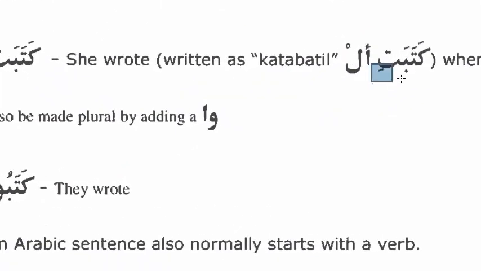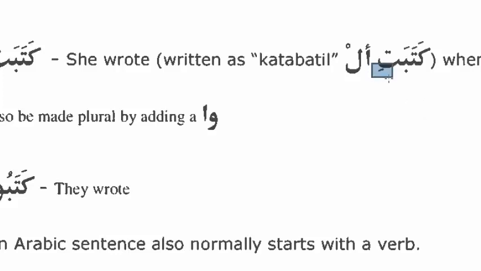It becomes katabatil kitaba, "she wrote the book," not katabat al-kitaba. But saying katabat al-kitaba is not wrong. Simply for the sake of sound in sentences, people say katabatil kitaba.